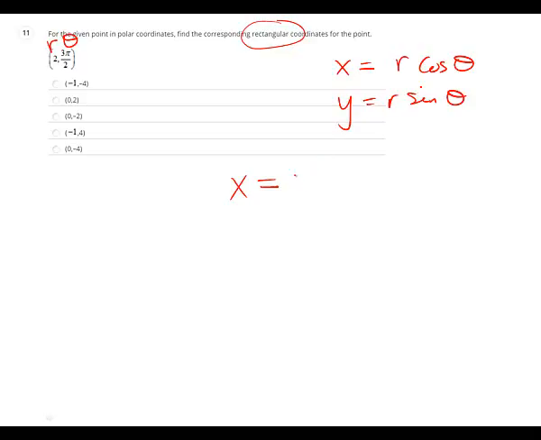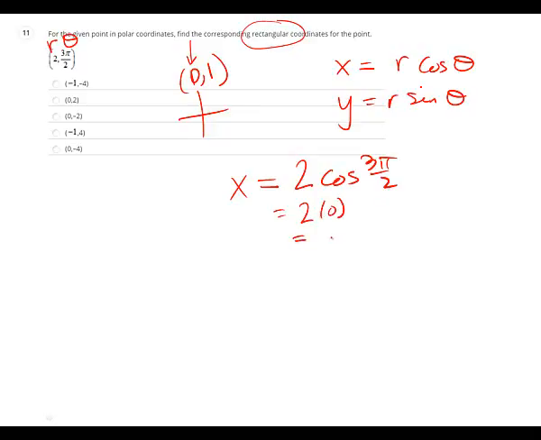Okay? So x equals 2 times the cosine of 3 pi over 2. So 3 pi over 2 is up here on the unit circle. We're out 0, up 1. So what's the cosine of 3 pi over 2? It's 0. Alright, so it's 2 times 0.